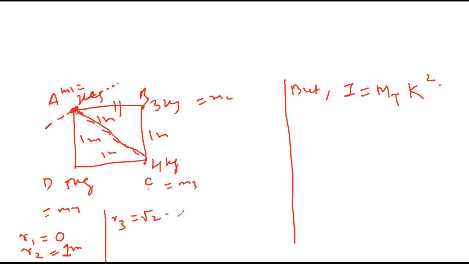Root 2 into side, which is root 2 into 1, that is root 2 meter. And what is the distance of the fourth one? 1 meter. Very good.